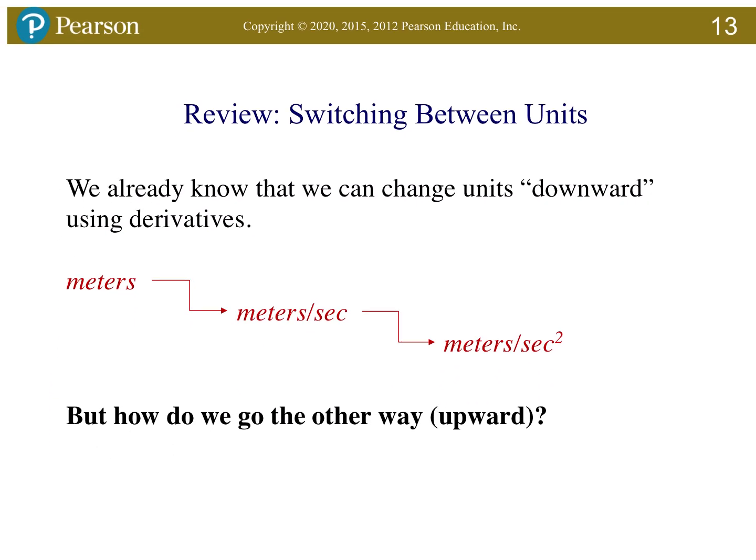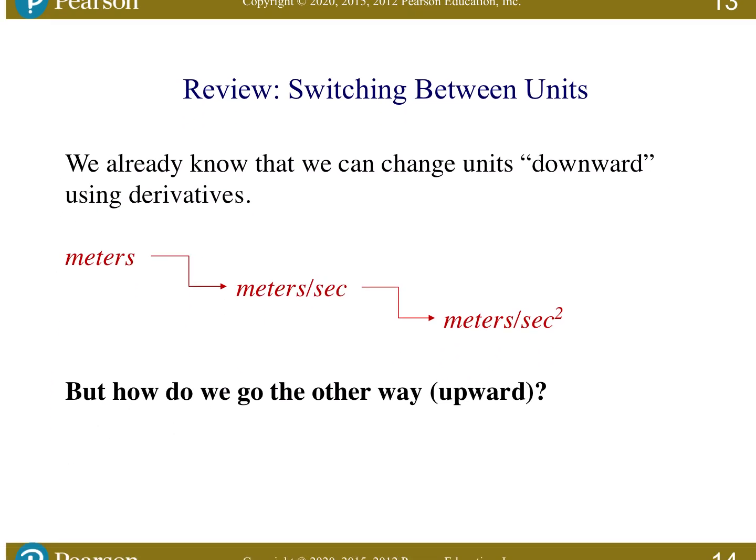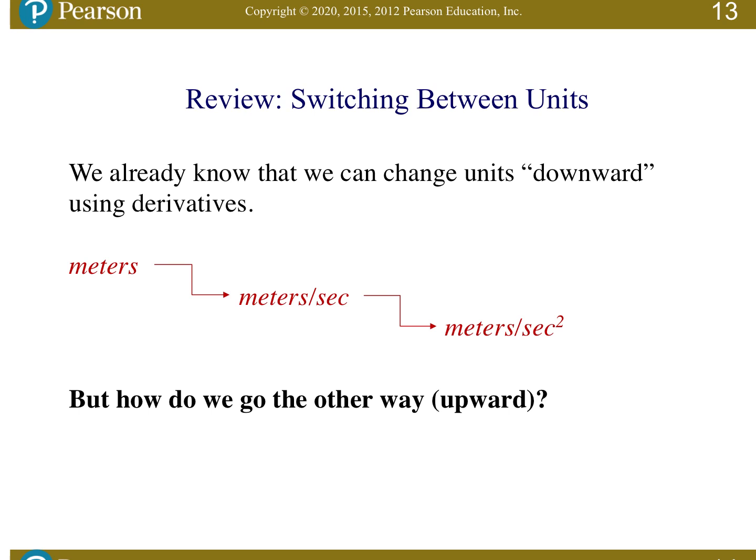All right, so we know already from first semester that units are impacted when you take a derivative. When you do the first derivative, that introduces time into the equation, and so you've got meters divided by seconds.